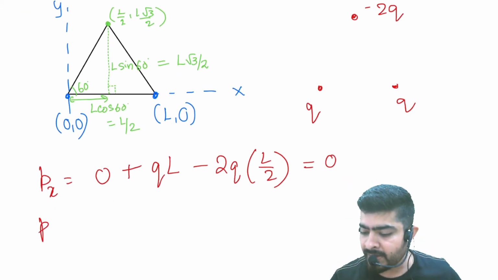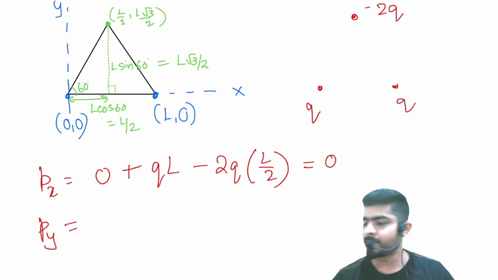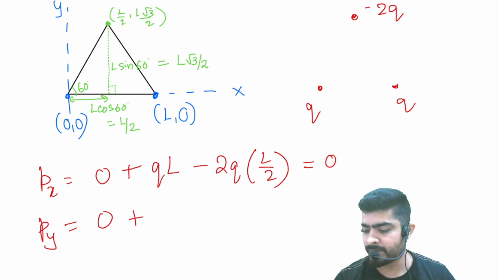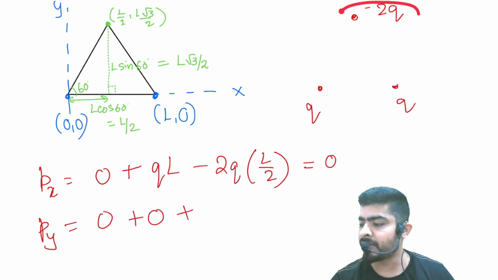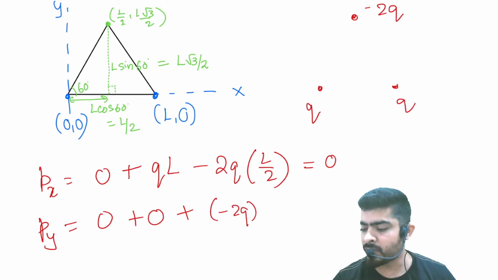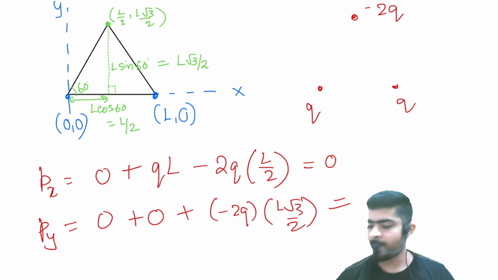Let's now find the y component of dipole. Again P1, Q1 y1, which is 0. Q2 y2, again 0. Then Q3 and y3. So minus 2Q and L root 3 by 2. So what do I get over here?